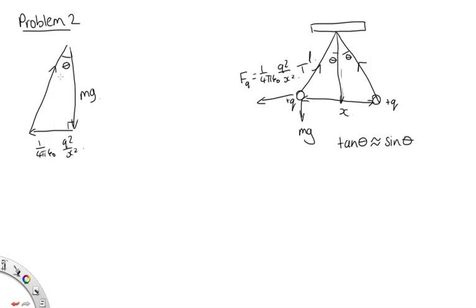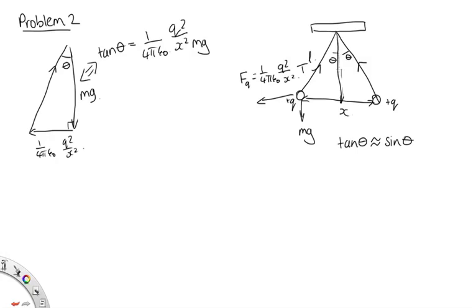So this diagram, this force diagram, tells us that tan theta is equal to opposite over adjacent. So that's 1 over 4 pi epsilon naught q squared over x squared over mg. So there's an mg on the bottom there. So that's the expression that we've got from this diagram.